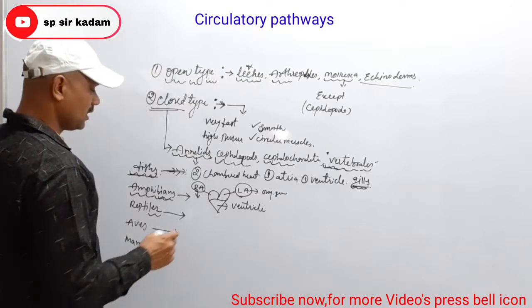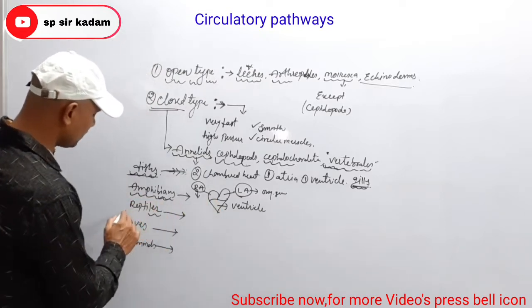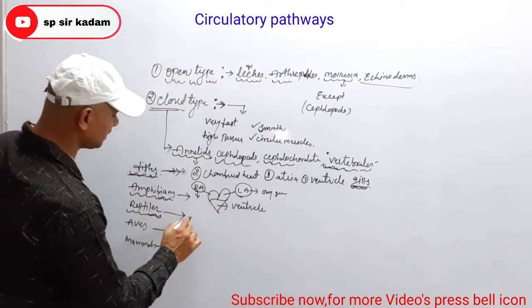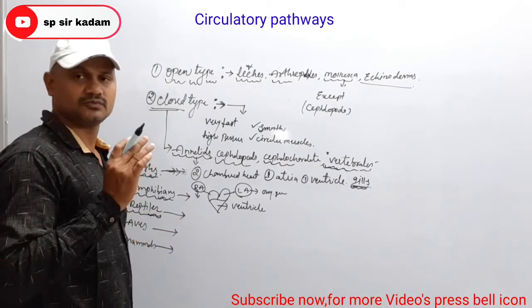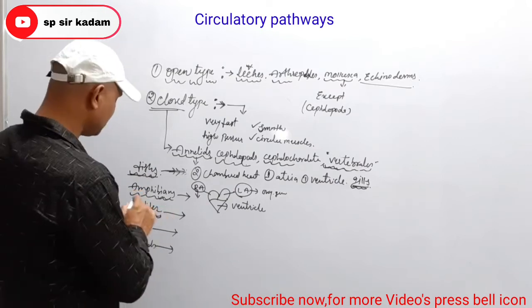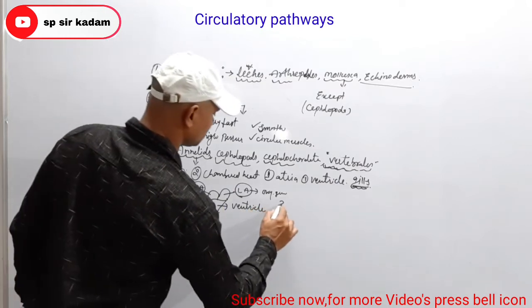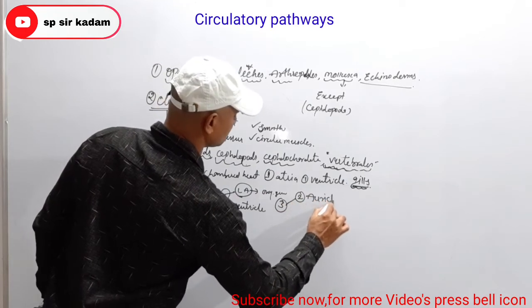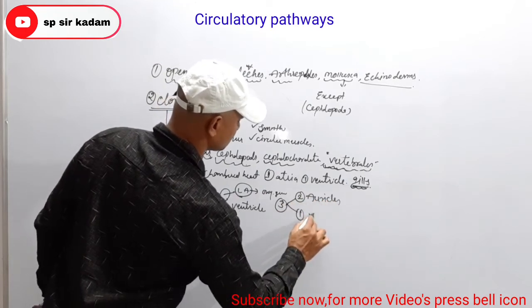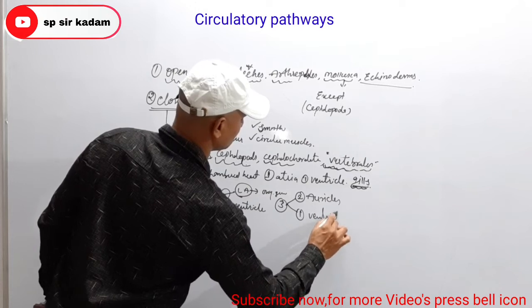So here you have to observe, in amphibians and in reptiles also, incompletely divided chambers. In amphibians, the three-chambered heart has two auricles and a single ventricle.